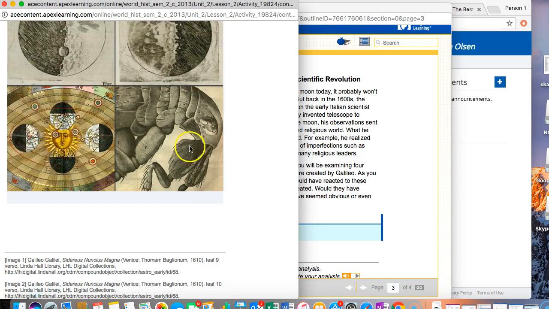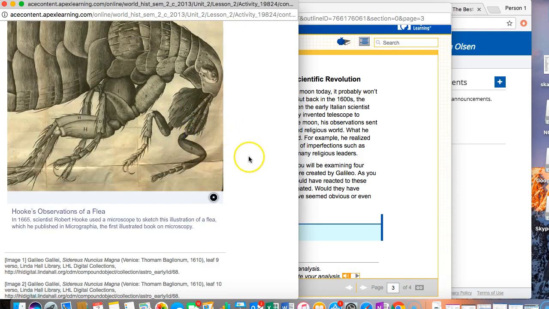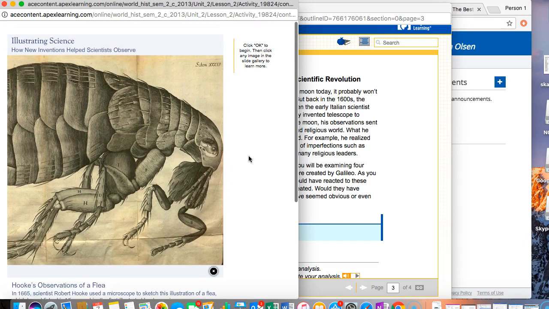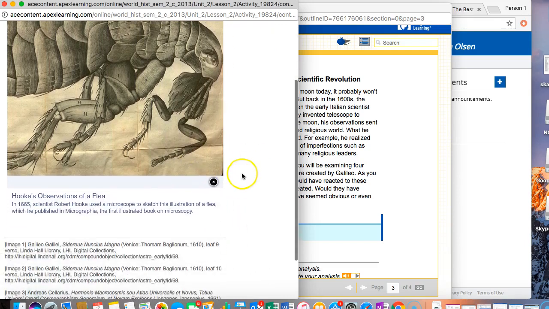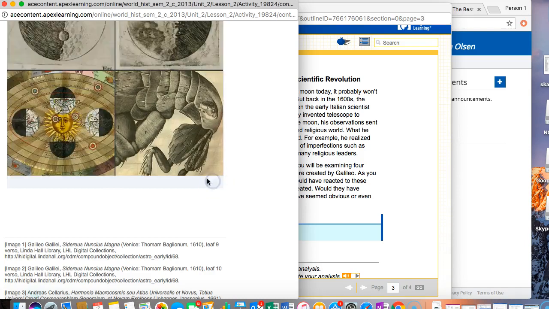And there is one last picture. Kind of looks like a bug, huh? Without reading anything. And this says that in 1665, scientist Robert Hooke used a microscope to sketch this illustration of a flea, which he published in Micrographia, the first illustrated book on microscopy. So what we have for this source are 4 different pictures, sketches, pieces of artwork by scientists, okay?